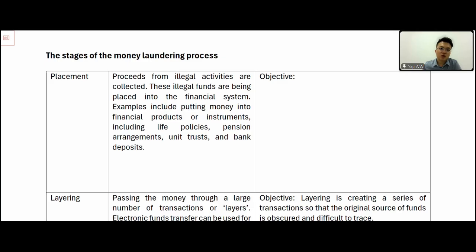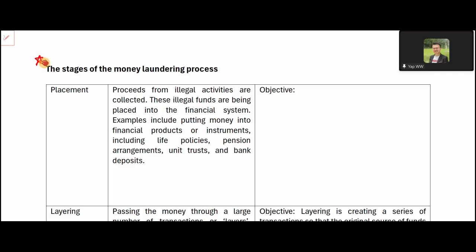We are looking into the 3 stages of money laundering. This is an area that I want you to study for exam purposes. I put a star here to say it is important for exam purposes. If they ask you a question on money laundering, definitely the 3 stages of money laundering is something the examiner would like to test you on.